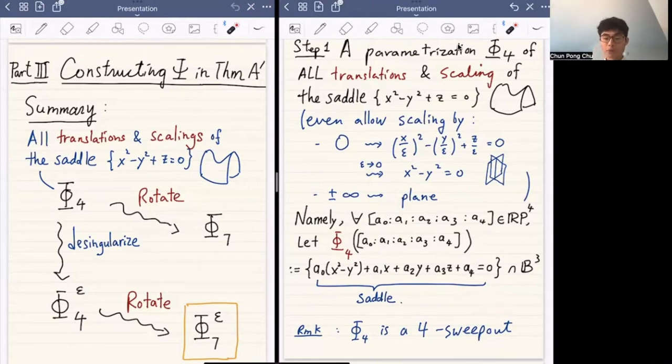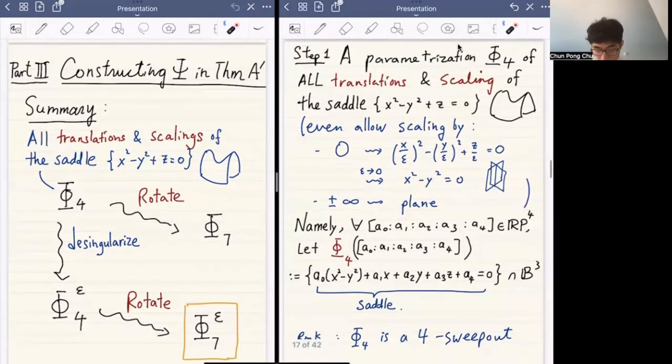Then you intersect it with the unit 3 ball, and this gives you a family of surfaces in B3 parameterized by RP4. A small remark is that one can check this is a closed family.